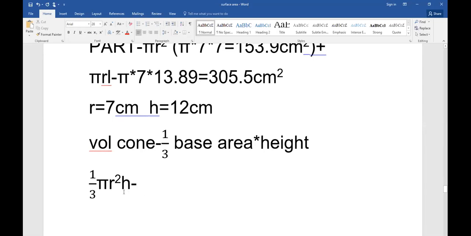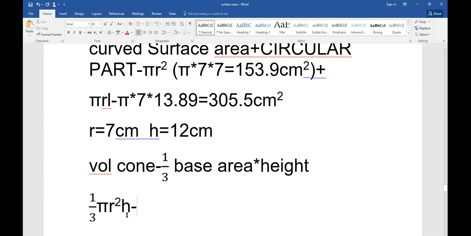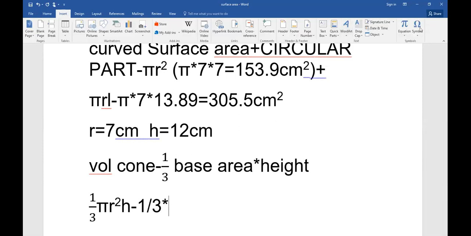So it is one third times pi. Our radius is 7 and our height is 12. So it's one third. You now multiply by pi.